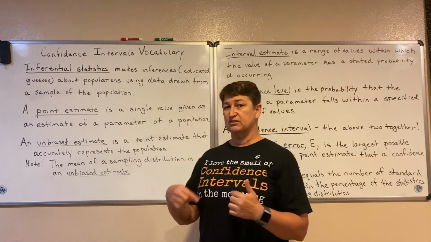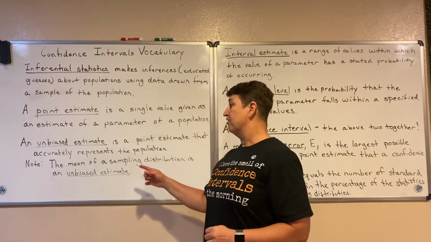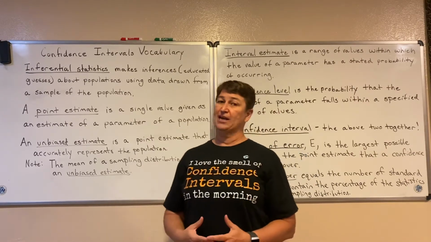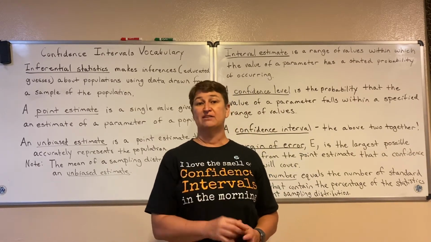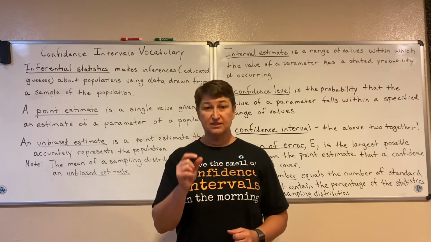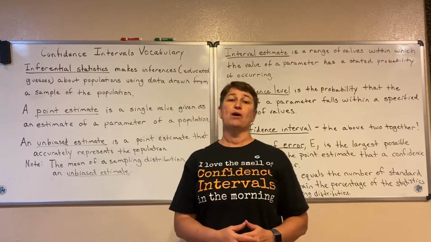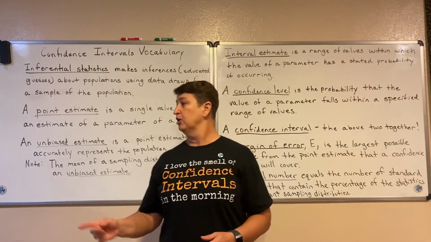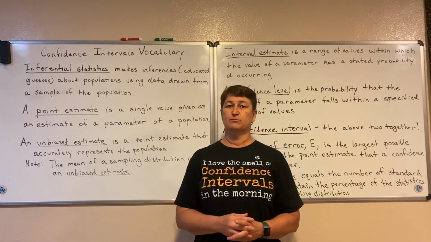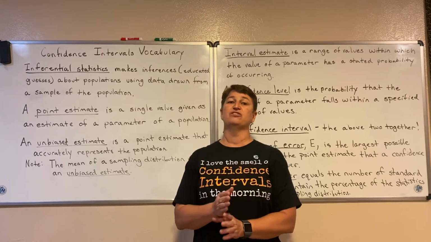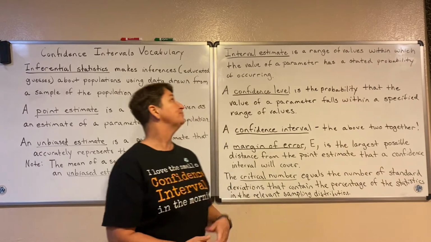And we saw with the central limit theorem that the mean of a sampling distribution is an unbiased estimator, because the mean of that sampling distribution is the same as the mean of our population. So an unbiased estimate is going to give us a good representation of that parameter.